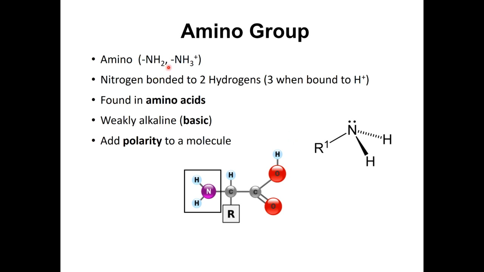The real amino group is NH2. If you see NH3 plus, it means it has bound a proton through the electrostatic interaction. Like the carboxyl group, this is also made with polar bonds, and therefore it's a polar group, which would increase the polarity of any molecule that it is attached to, such as this amino acid, which you can see has a polar and acidic group here, and this amino polar and basic group right here.